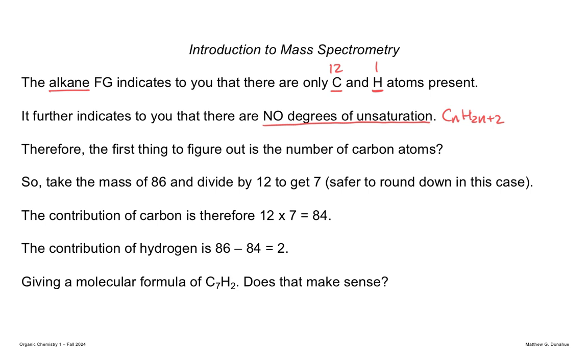And then we just did this first approximation about figuring out the max number of carbons, dividing by 12. That gave us 7. We found there were not enough hydrogens because we got C7H2. And that's the metacognition part. That doesn't obey the CnH2n+2, so it's telling you have to do a revision.